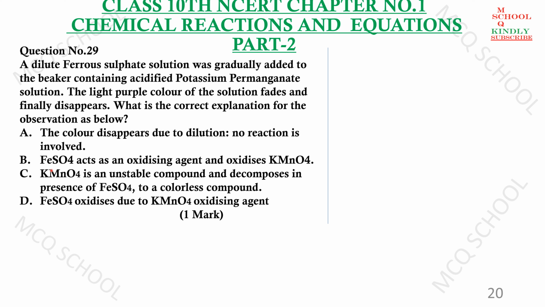B. Ferrous sulfate acts as an oxidizing agent and oxidizes potassium permanganate. C. Potassium permanganate is an unstable compound and decomposes in the presence of ferrous sulfate to a colorless compound. D. Ferrous sulfate oxidizes due to potassium permanganate, the oxidizing agent. What is the answer as per you?